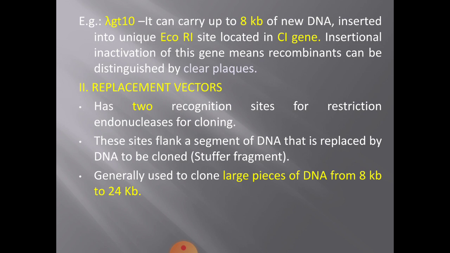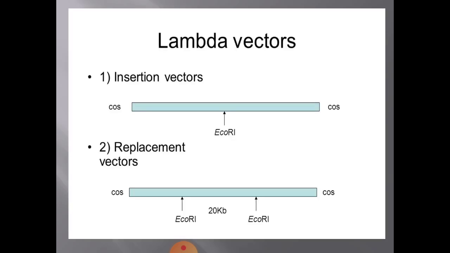Up to 8 kb of new DNA insert can be put in insertion vectors. This is what I wanted to tell you about insertion vectors. Coming back to the slide, this is the place of EcoR1 where the cut can be made and your DNA can be inserted.